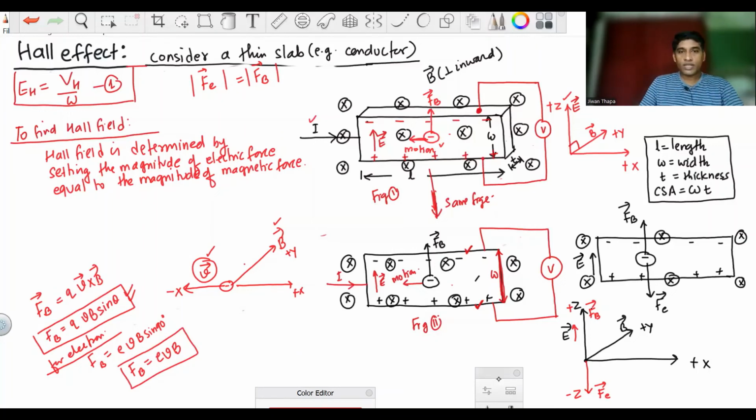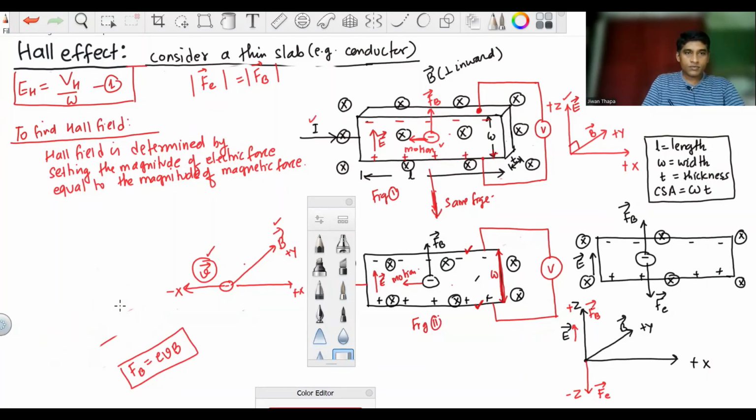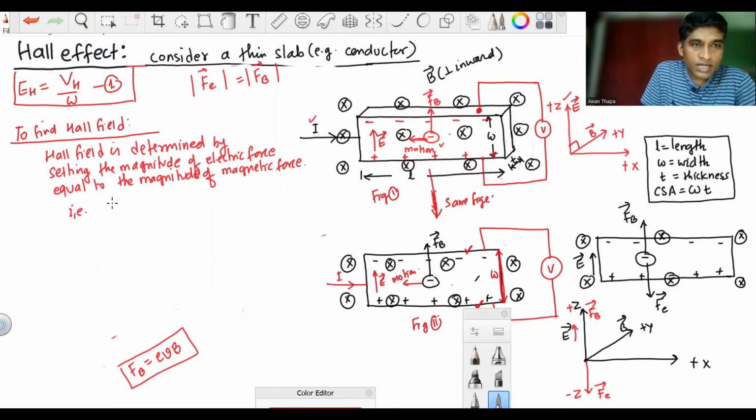So we can write that magnitude of electric force equals magnitude of magnetic force.